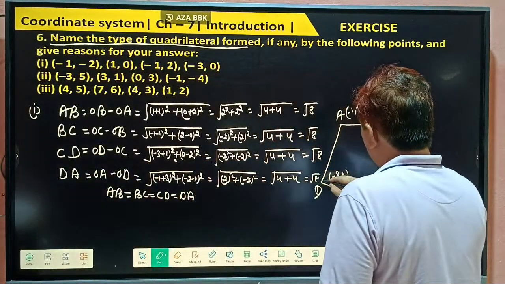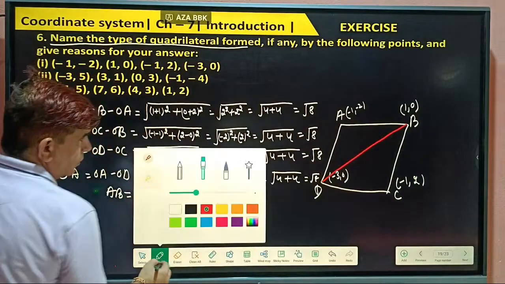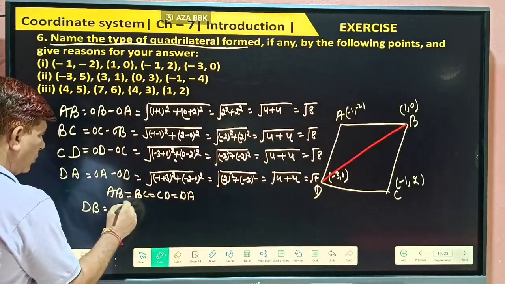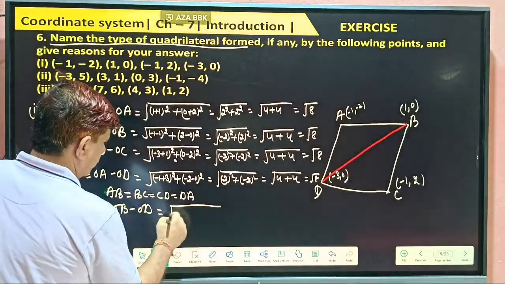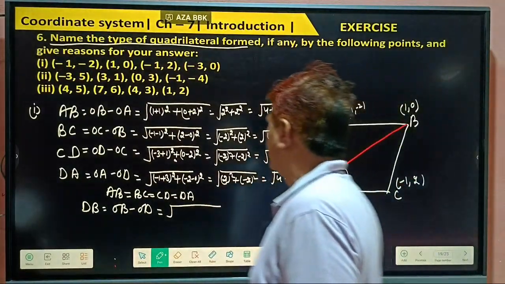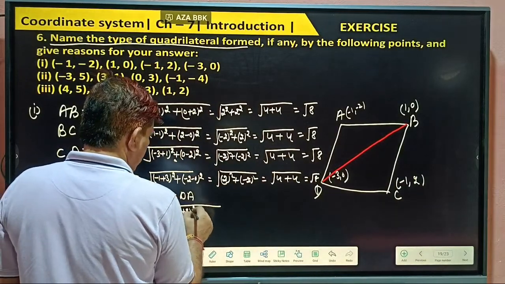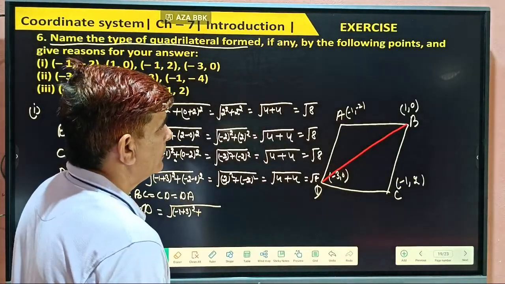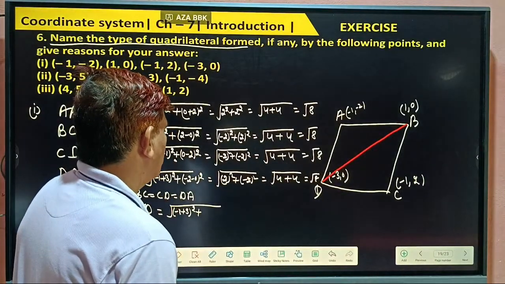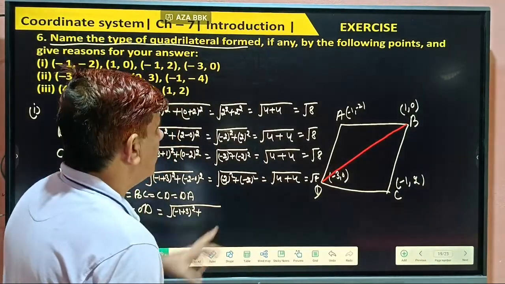We will find out DB. DB equals OB minus OD, under the root, (1 plus 3) whole square plus (0 minus 0) whole square. Sorry, I wrote it wrong, OB is 1, as given.